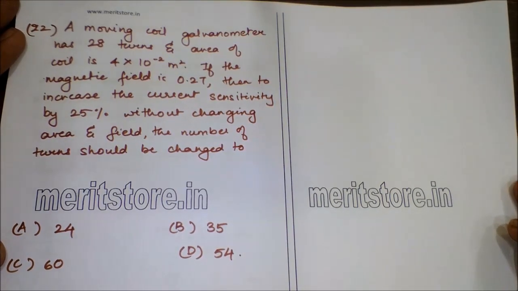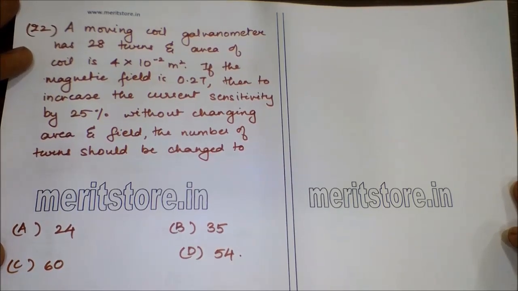Question number 22. A moving coil galvanometer has 28 turns and area of coil is 4 into 10 raised to minus 2 meter square. If the magnetic field is 0.2 Tesla, then to increase the current sensitivity by 25% without changing area and the field, the number of turns should be changed to.